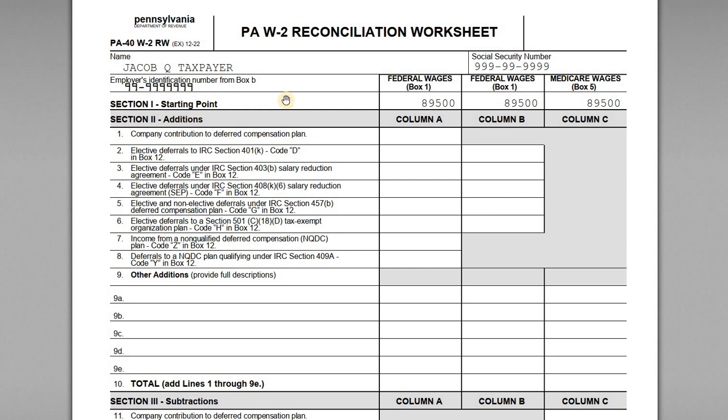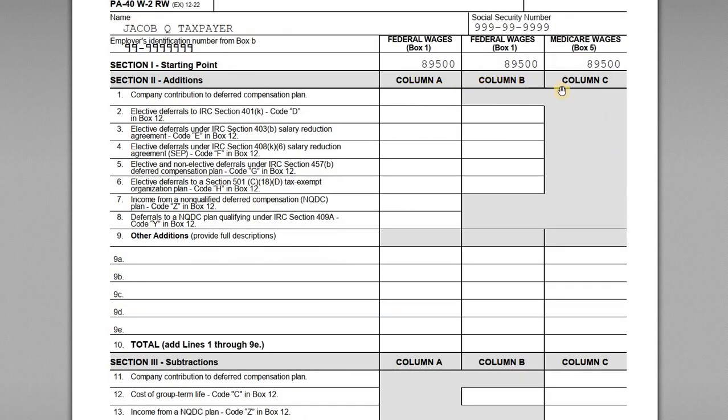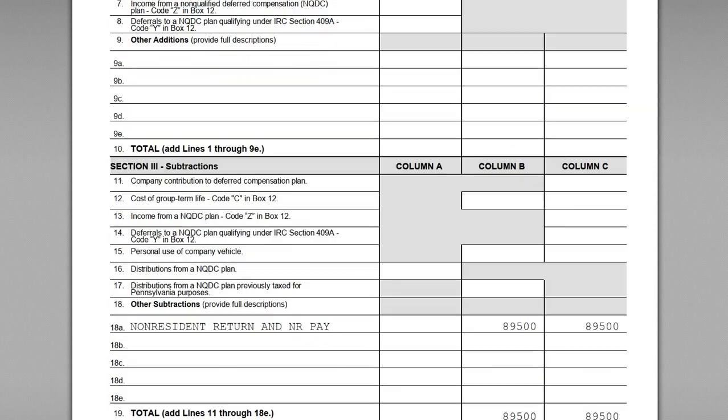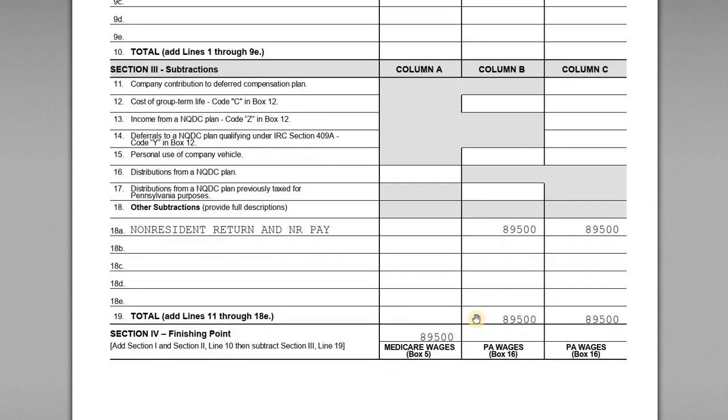In Jacob's case here, his Pennsylvania wages is 0, so he's definitely got a variance there. And so we complete the W-2 reconciliation to show that, okay, these were the amounts reported for federal wages in boxes 1 and 5. And then the reason for the variance is we have this subtraction here where he's filing a non-resident return and non-resident pay. And so that's why his Pennsylvania wages on his W-2 are 0, because they're not Pennsylvania source wages, nor is he a resident of Pennsylvania.